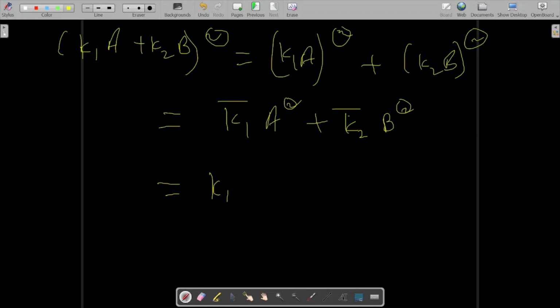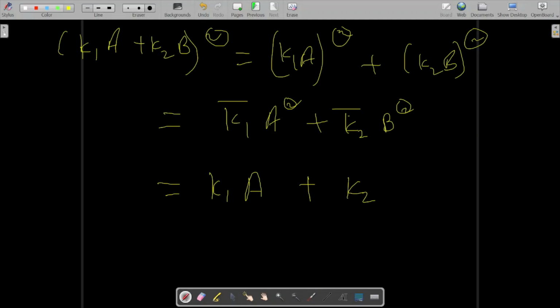So conjugate of K1 will be K1 itself, and conjugate of K2 will also be K2 itself. And what about the transpose conjugate of A? It will be A, because A and B are Hermitian.